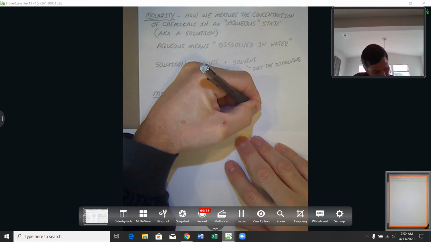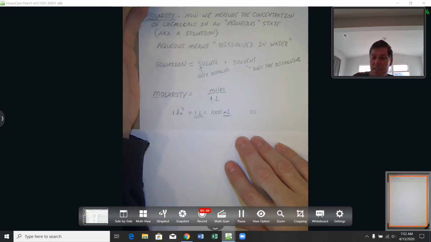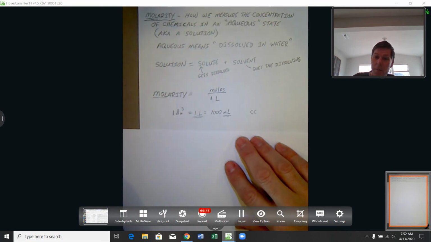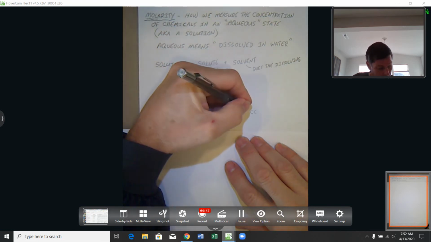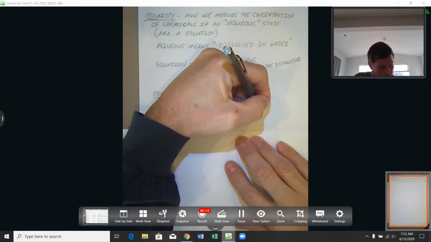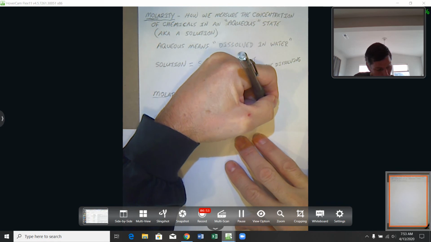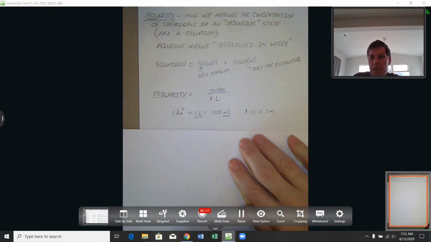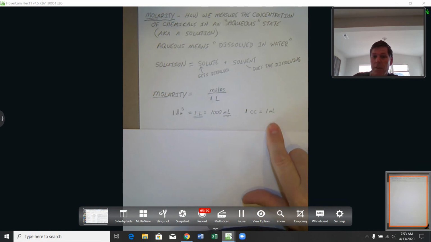But there is something that you might have heard of. Especially in the medical shows, you might have heard of cc's. Well, a cc stands for a cubic centimeter. If we have 1 cc, that's the equivalent of 1 milliliter. So if they say it's a 50 cc engine, that means it's a 50 milliliter engine. When they give somebody 5 cc's of a medicine at the hospital, they're giving them 5 milliliters.